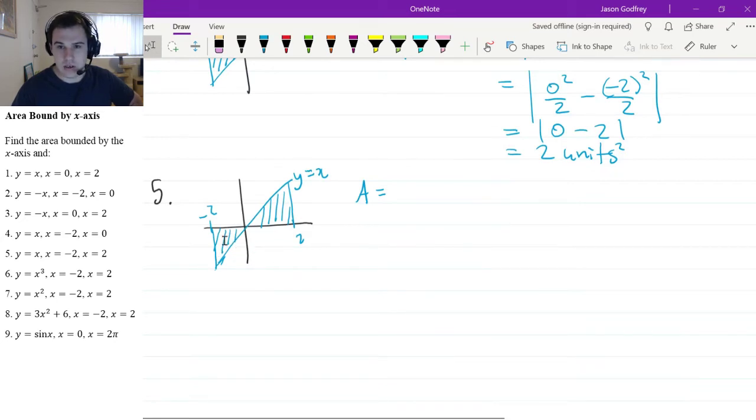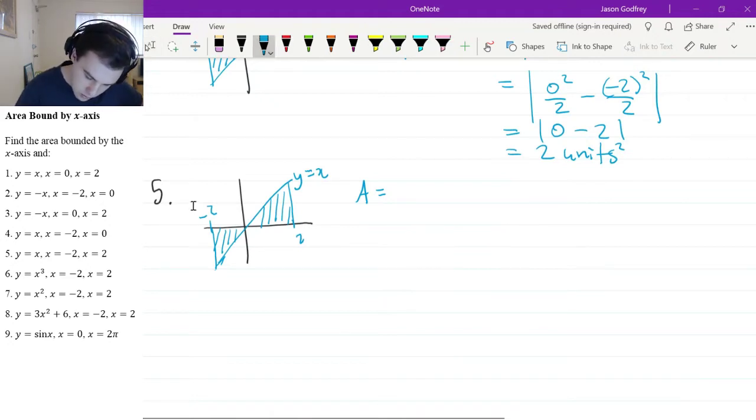So when you add these two areas together, you get 2 minus 2, and because they're equivalent, they cancel each other out. So if you want to find the area here, you have to actually split them up. This one isn't too bad because it's above the x-axis, but then you'll need to take the absolute value of this piece. So to find the area, we've got to actually split it up into the two pieces.